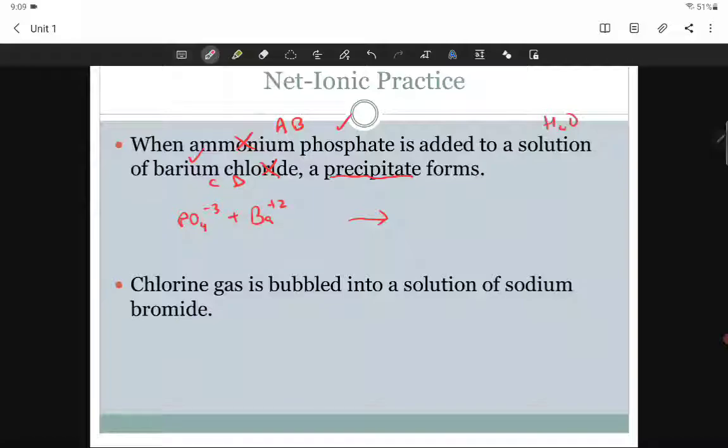But what is important is how you combine these. The cation has to go first in the precipitate on the right-hand side. So here's barium and here's phosphate. But remember that every time you combine an anion and a cation, they have to combine in the right ratios. So I use the drop-down method. I teach that in my first-year chem class.